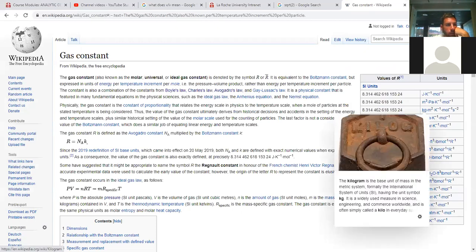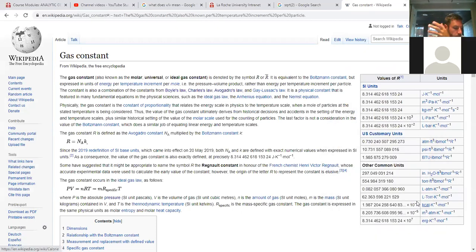So I look at some of these and I'm like, okay, which ones might be the way to go? If I look down here at this one, I see meters cubed, which is not exactly what I want.